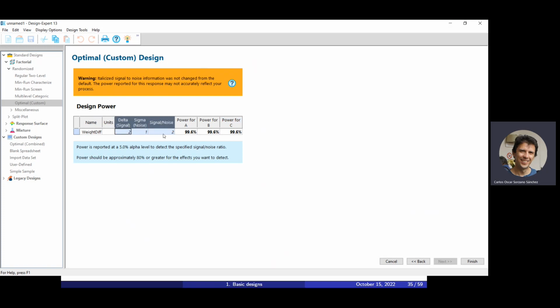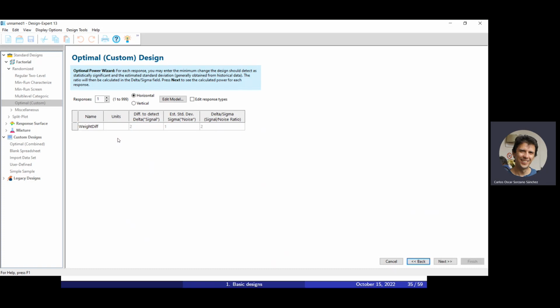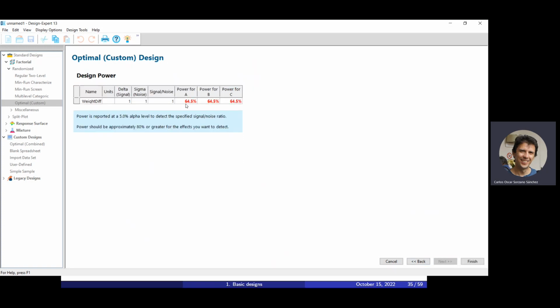This is because we want to detect changes that are twice above the level of noise. So we can do two things. First, let's see what happens when we change the sensitivity. We have a power with 16 animals, or 16 extra degrees of freedom for the errors. With a sensitivity of 1, we have a power of 64% to detect changes that are only one time above the level of noise, so the same amount of signal and noise.